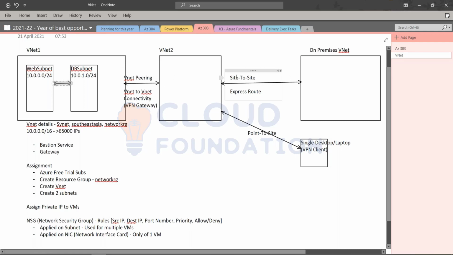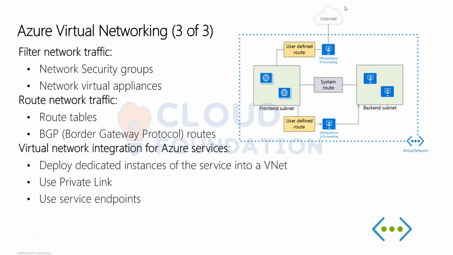So if I want to change that process by saying that before it goes to the DB subnet, it has to go to the third subnet that is containing the firewall, how are you going to do that? How are you going to change or disrupt the system routing or default routing process? If you want to change that, you will have to create your own custom routing, which is called user defined routing.